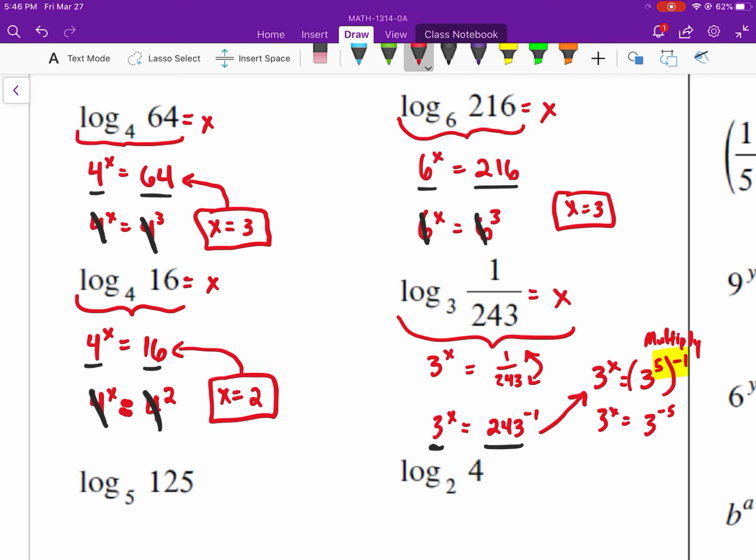Okay, now you might be tempted to cross out those 3's before multiplying that 5 and that negative 1, but I encourage you, make sure you follow through. Make sure you have one exponent. There, one exponent. Alright, so now we can cross out the 3's and we get x equals negative 5. Alright, and so if I go to my calculator here and I go 3 to the negative 5 power, that gives me a really long decimal, which is interesting.